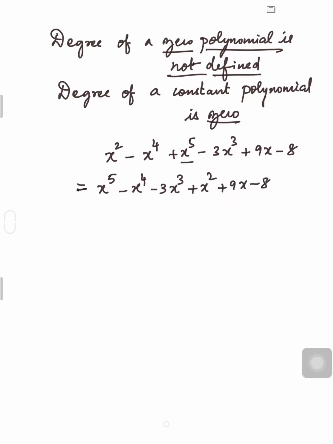So from this I will tell you what is the general form of a polynomial.